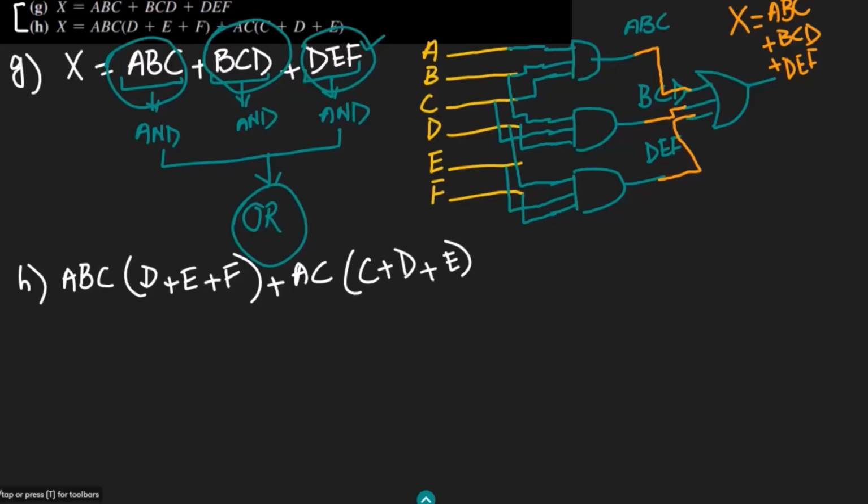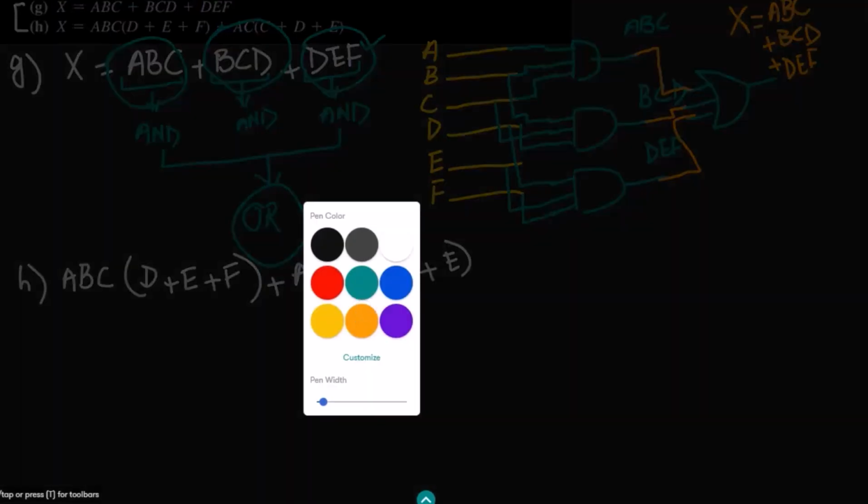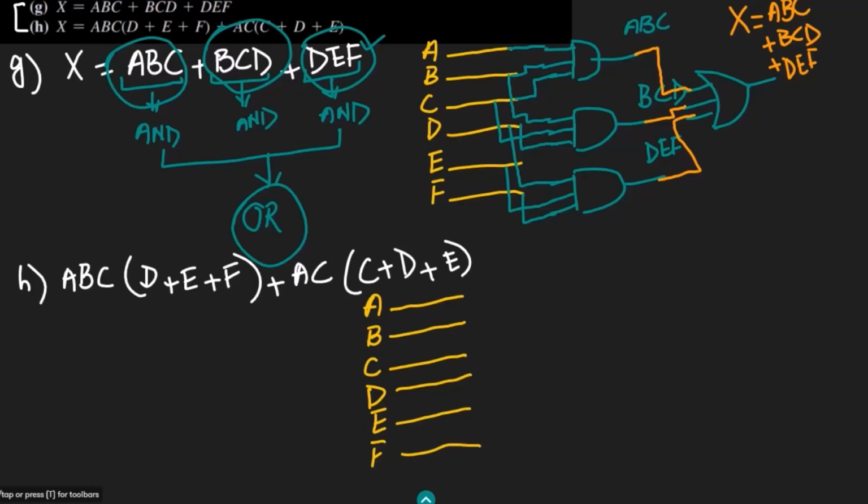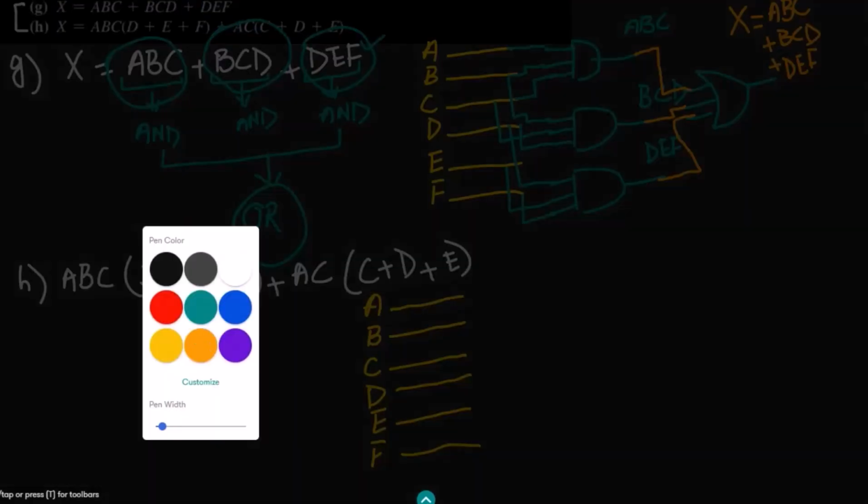Again the number of inputs is 6, because I can see that these are composed of A, B, C, D, E, F. So these are 1, 2, 3, 4, 5, 6 input lines. And what are the operations I have to perform?